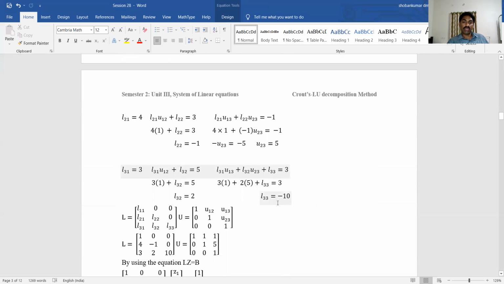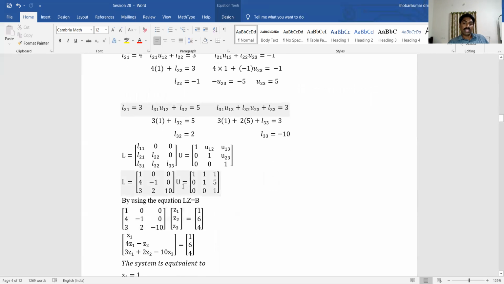Like this, we get all the values of L11, L21, L22, L31, L32, L33, and U12, U13, U23. That means L is 1, 0, 0, 4, -1, 0, 3, 2, 10, and U is 1, 1, 1, 0, 1, 5, 0, 0, 1.